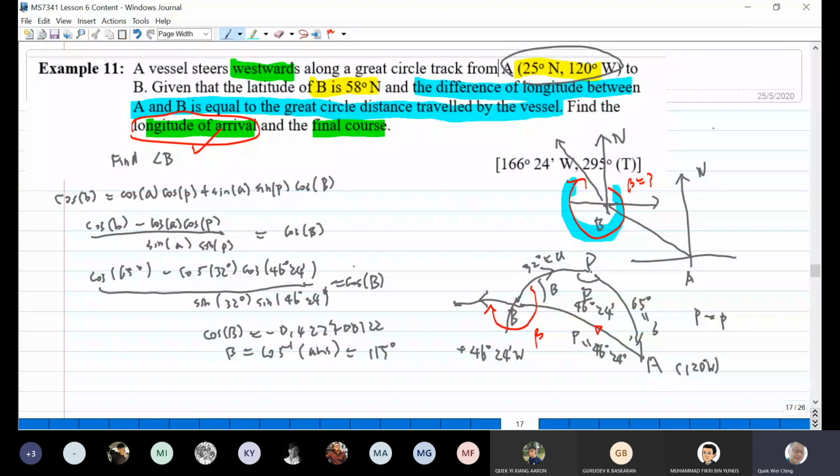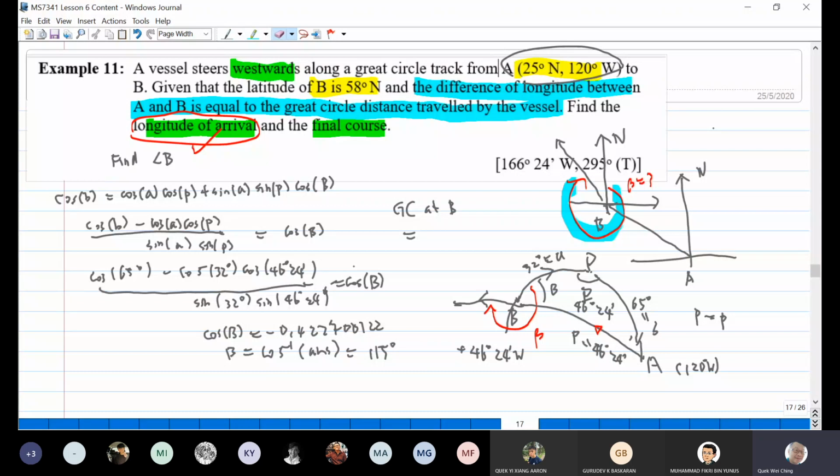So then what is the bearing of the final course now? The great circle course at B. Where is it equal to now? If you know that B is 115 degrees, and this is actually a great circle, right?